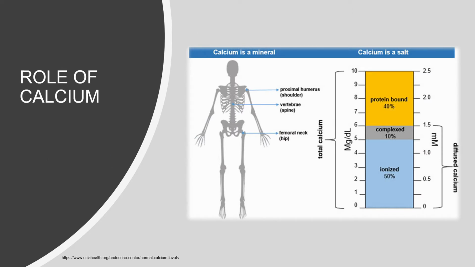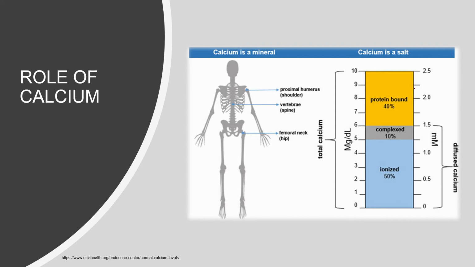In our body, almost 75% of calcium is stored in bones. If we take calcium in plasma, the normal plasma calcium concentration is 2 to 2.75 millimoles per liter.